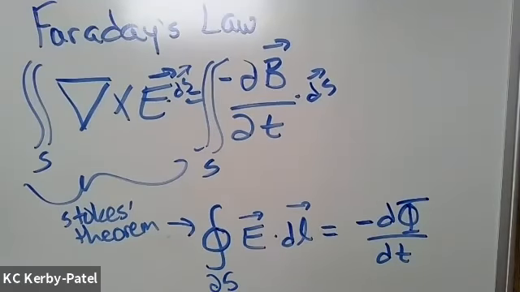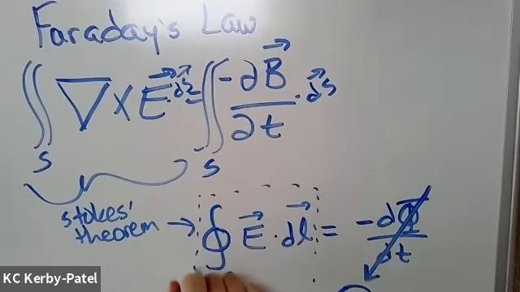We're not talking about the time derivative of the magnetic flux today. What we're going to talk about is the electrostatic situation where this time derivative is 0. And now what we have is that the integral of the electric field around a closed loop is 0.